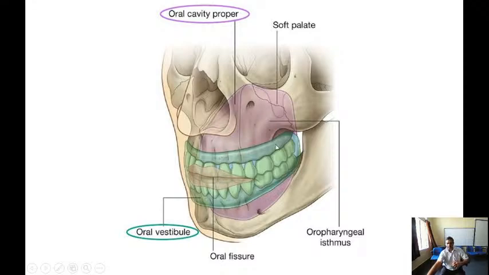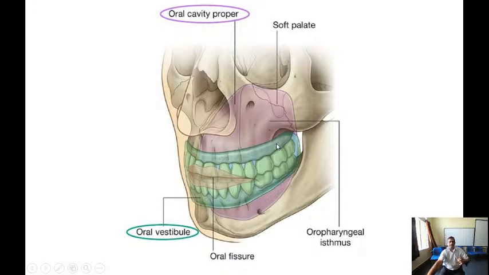Now if you take up the vestibule, opposite the second upper molar, there is in the cheek a small papilla or projection, and on the summit of which there is a small opening of the duct of the parotid gland.